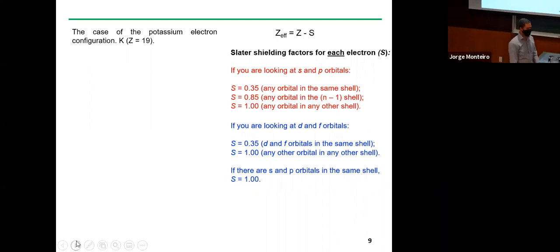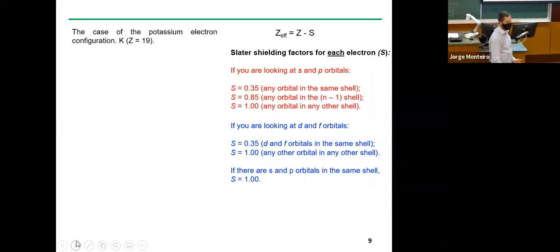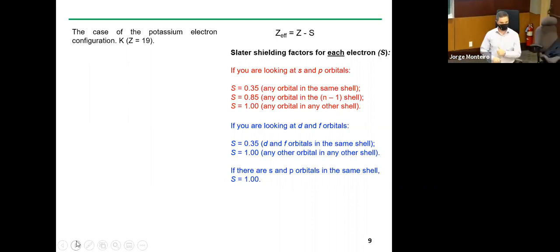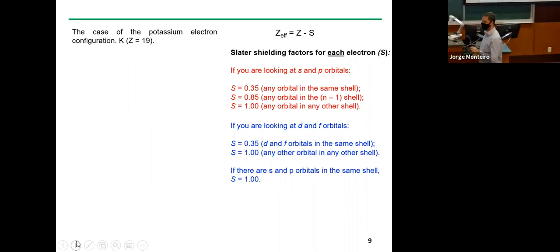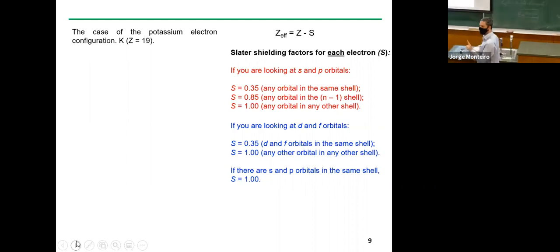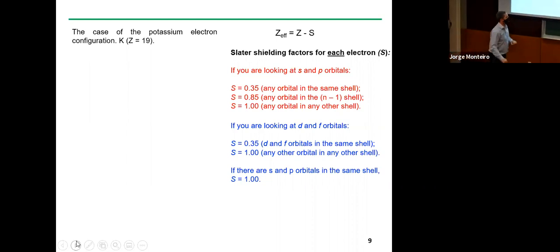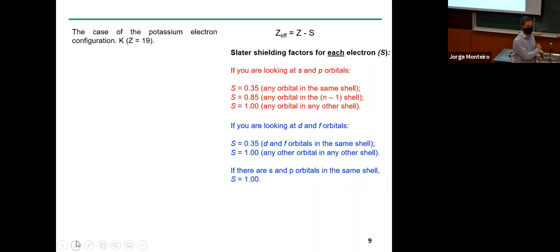Which orbital has the higher Z effective? 4s. Higher Z effective means higher stability, okay, more attractive. Therefore, the 4s1 configuration is more stable than the 3d1 configuration. And that's why the electron goes to the 4s orbital and not to the 3d orbital.